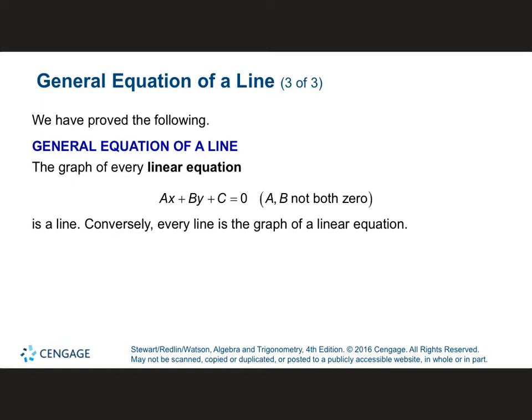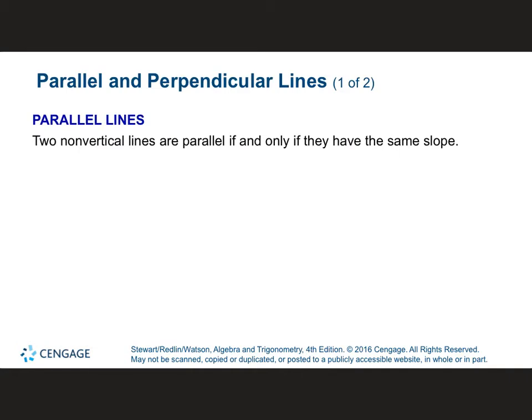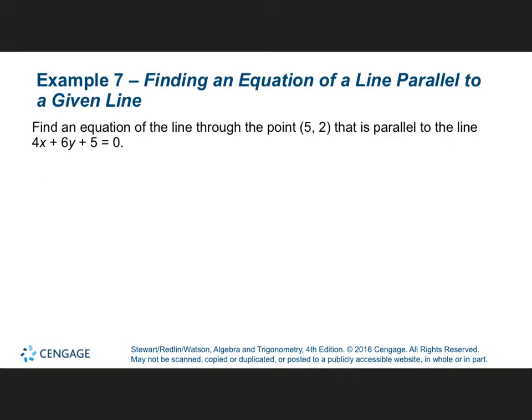So the coefficients of x and y are whole numbers. Parallel lines are two lines that will never intersect one another, and they have the same slope. Perpendicular lines, however, have opposite and reciprocal slopes.